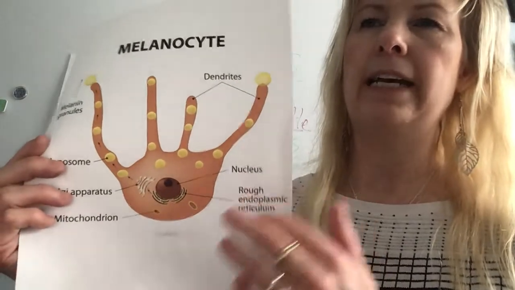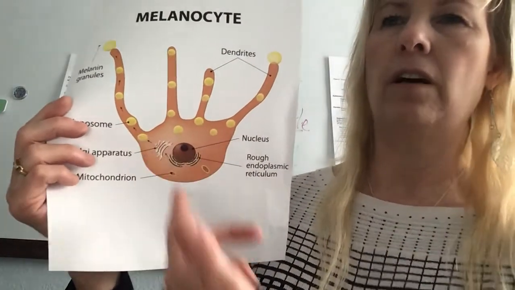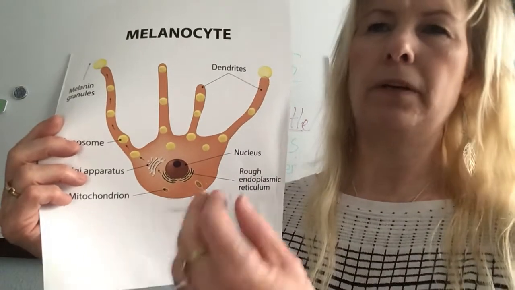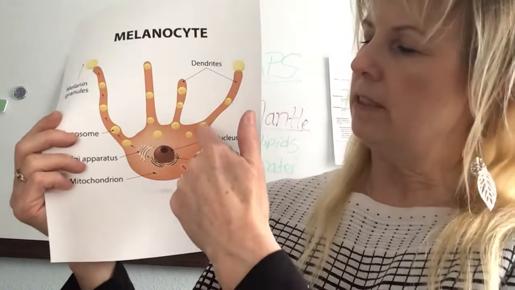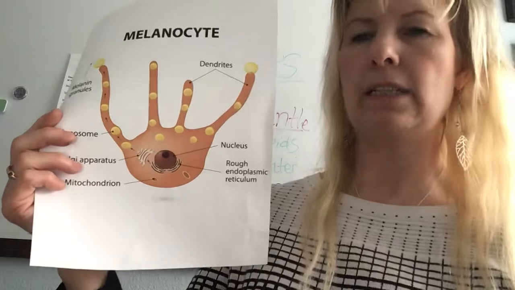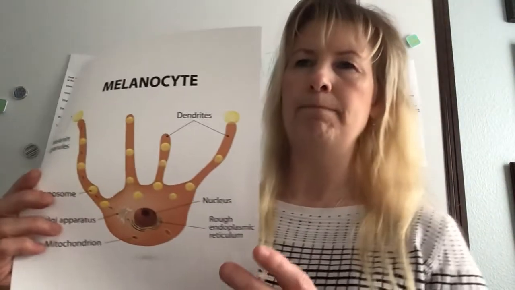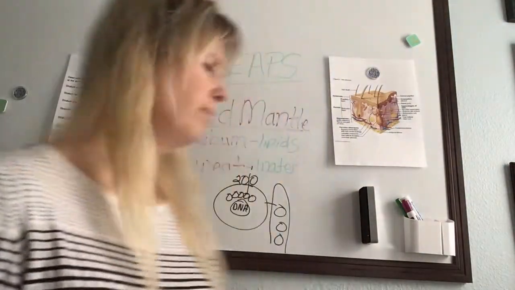Now, melanocytes produce these little round spheres called melanosomes. And the melanosomes produce a protein called melanin. And the melanosomes travel up these long arms called dendrites. Okay, and they go through a process. I'm going to show you here.